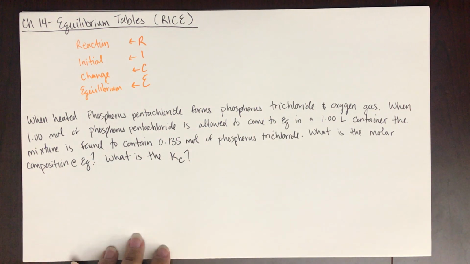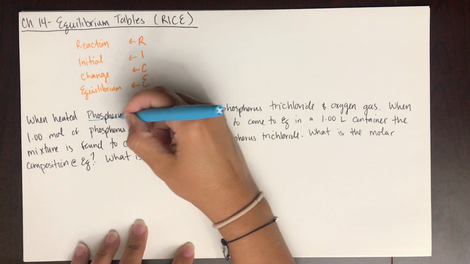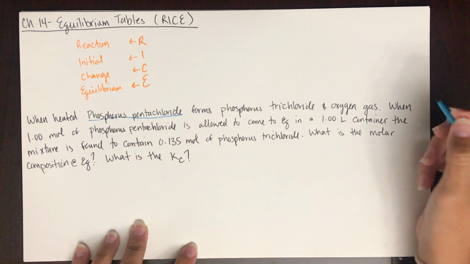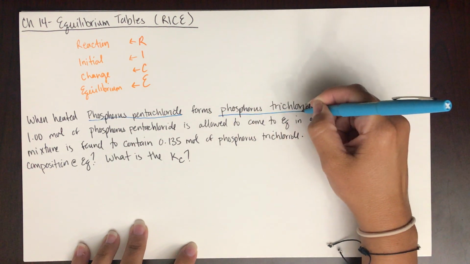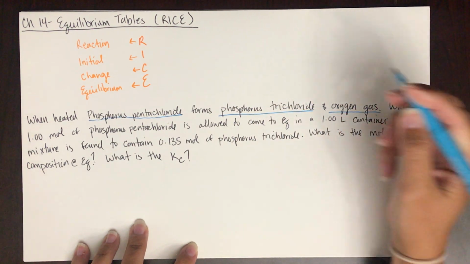Okay, so a lot of information here. So let's just go through and see what we have and how we're going to use this table to solve this problem. So first we're going to write the reaction from the word problem. So it says we have phosphorus pentachloride and it forms phosphorus trichloride and oxygen gas.